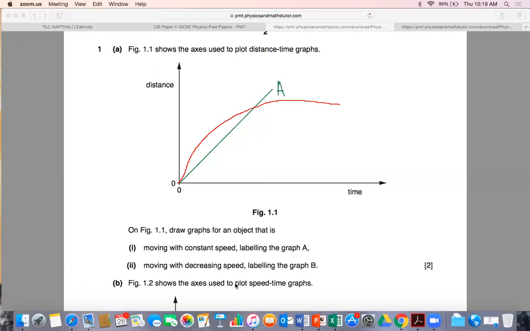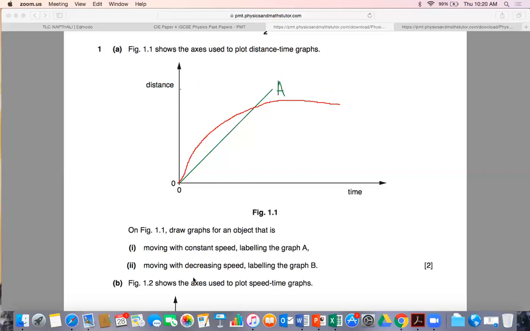If I have a graph like this, right? This one means as the time increases, the distance is still the same. If the distance is still the same, that means the car is not moving. Does that make sense? Yeah.